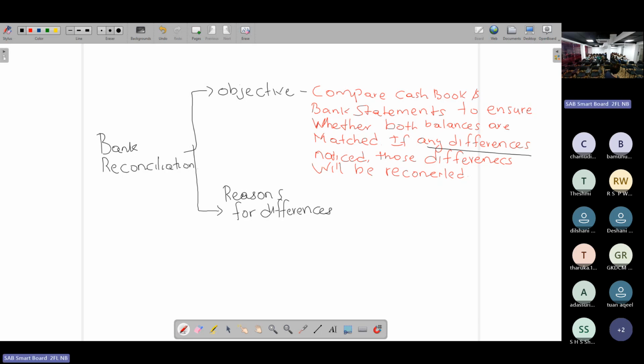Reasons for differences. Most of you are working on this. Just tell me what differences you can notice in the bank reconciliation.